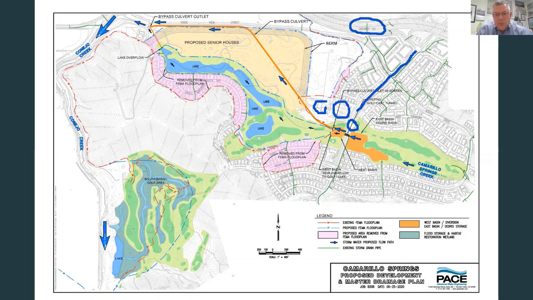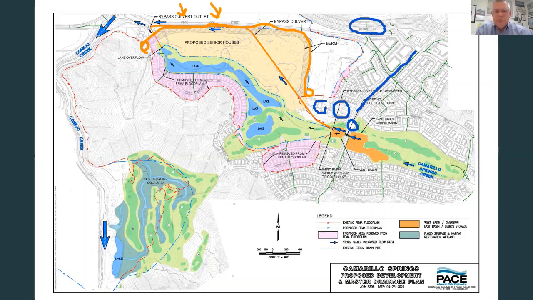And so the first component of our flood management system is the berm that we talked about. And that berm connects all the way from the hill, from a high point at the westerly location, and it continues all the way to high ground at the easterly end of the project. And so that keeps these overflows from Conejo Creek from entering the project.